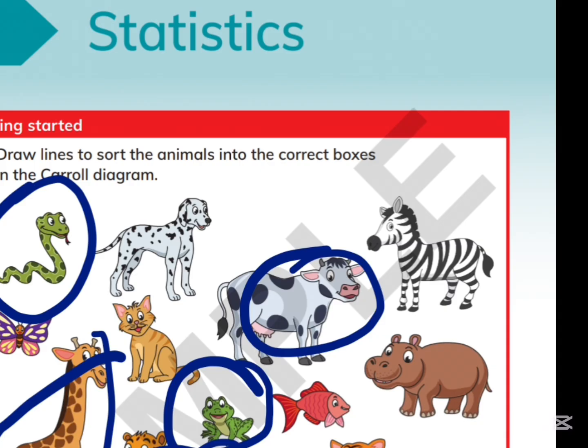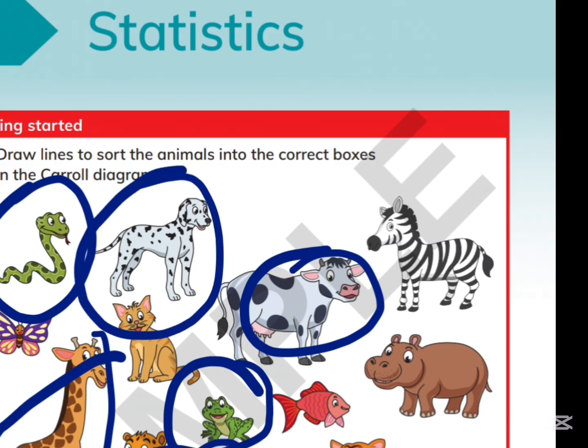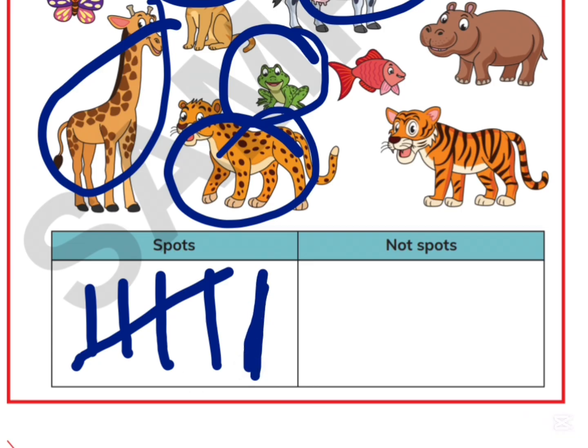And 1, 2, 3, 4, 5, 6. Okay, we will write 5 in tally like this, and if there is 6, we will make one more line, so it becomes 6. So the number of spots, how many are there?